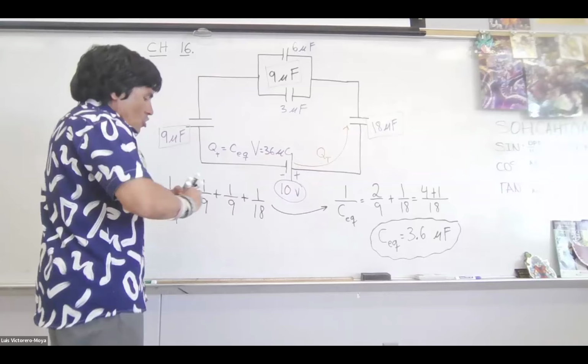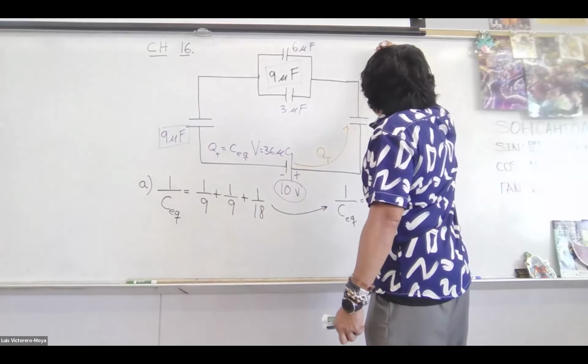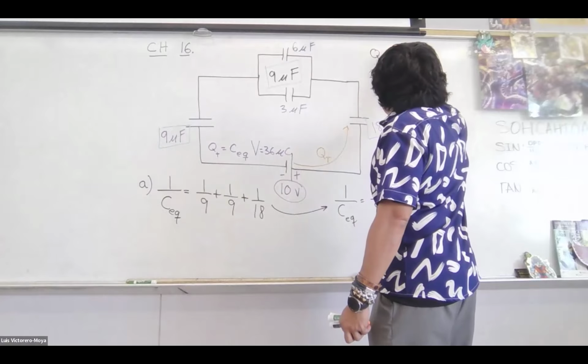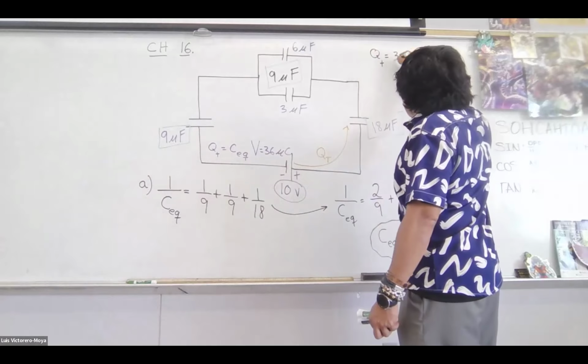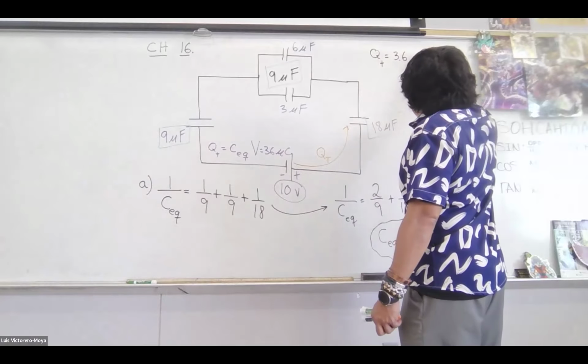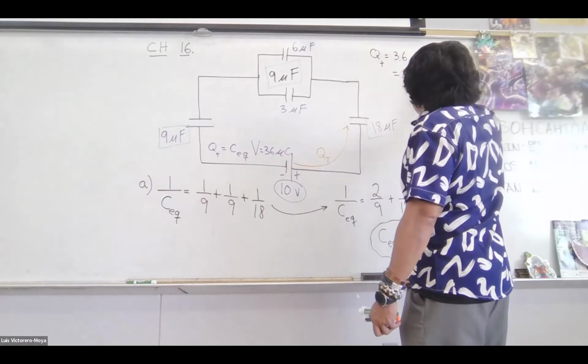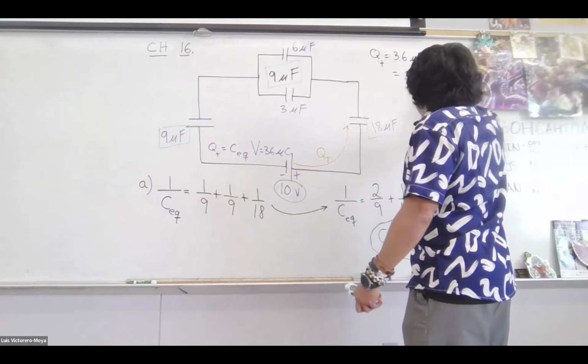If you're not sure, 3.6 times 10 volts. That's 36 microcoulombs.